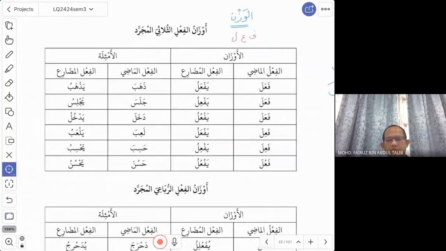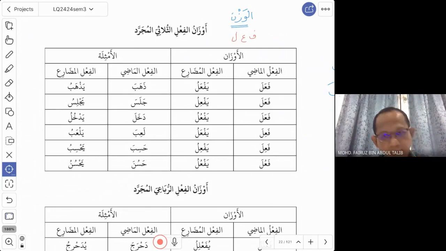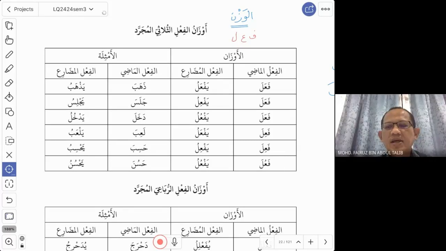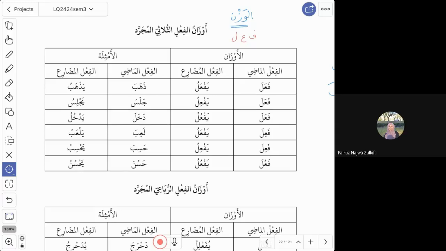Any questions so far before I continue? So what is the wazan for zahaba? Fa'ala. If I say qara'a, what is the wazan? Fa'ala.